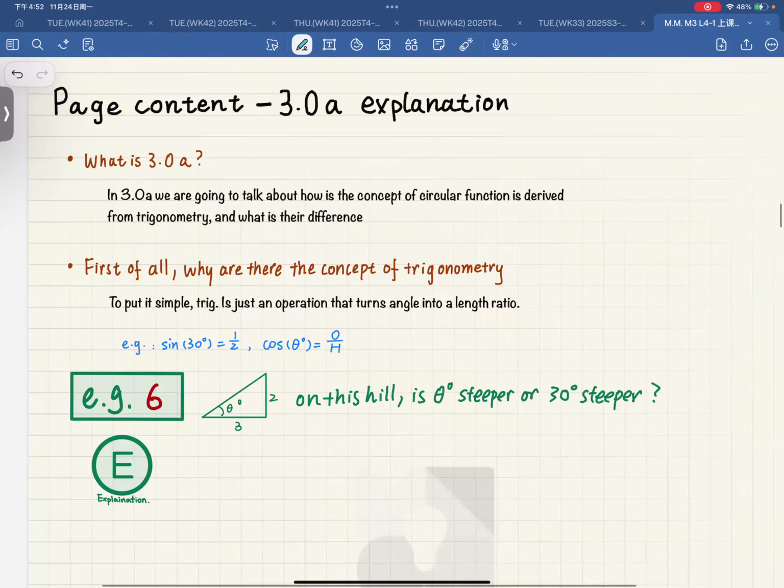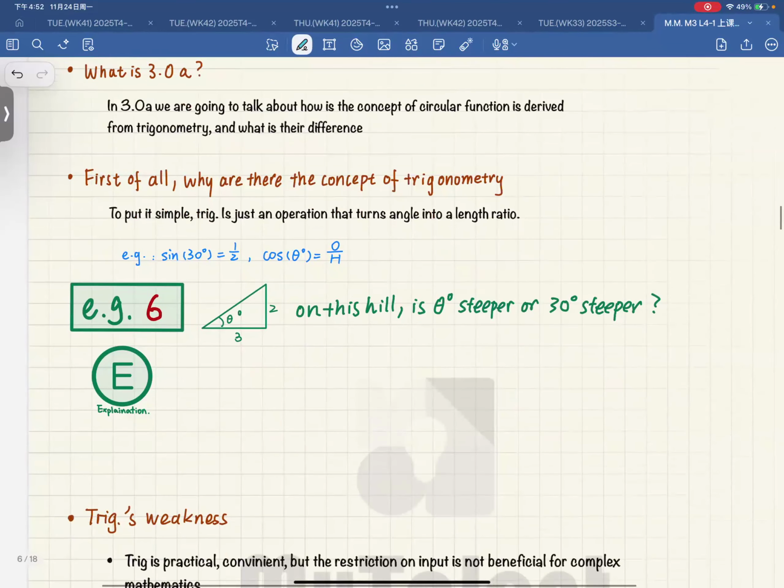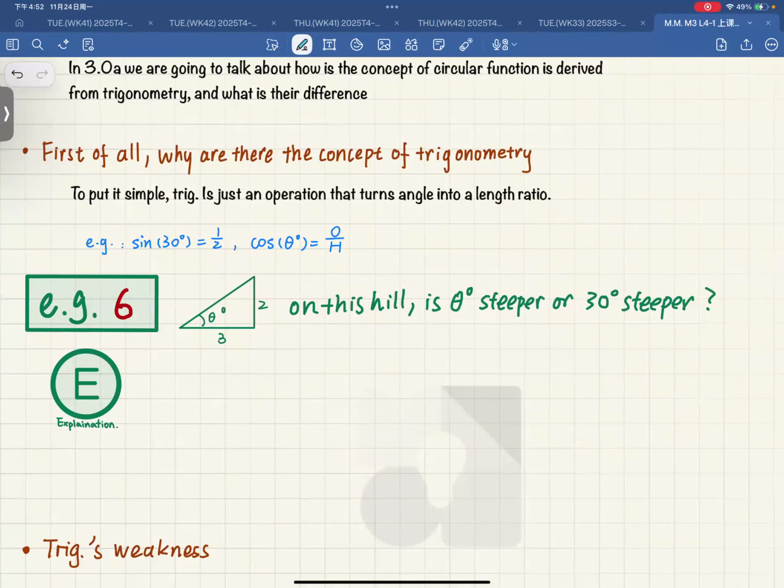All right. So in this 3.0, we're going to talk about how this concept of circular function is derived from trigonometry and what their difference is. Basically, trigonometry is just to turn the angle into a length ratio.